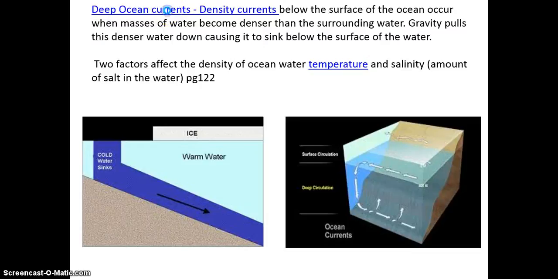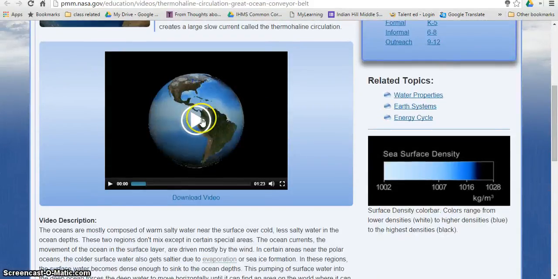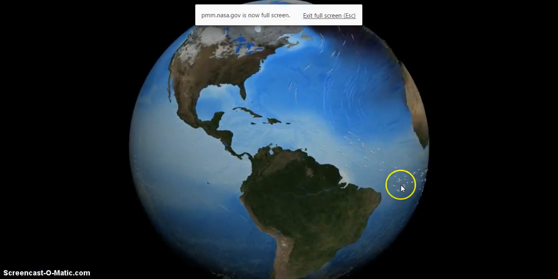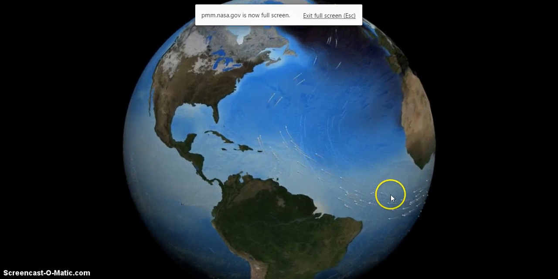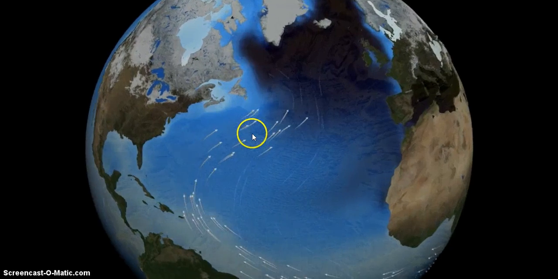We're going to go to this link from NASA right here. It kind of explains what's happening here. Okay, if you'll follow this, this is a surface current. It's actually the Gulf Stream.